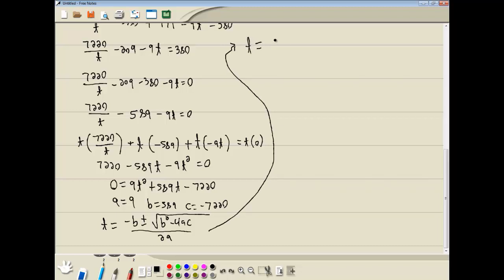So we got negative 589 plus or minus square root of 589 squared minus 4 times a times c, all over 2a.